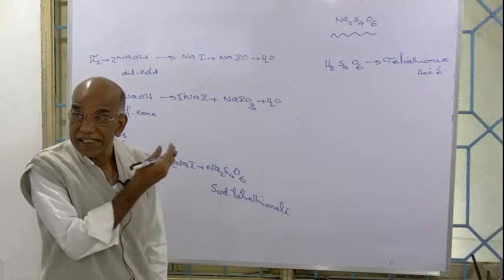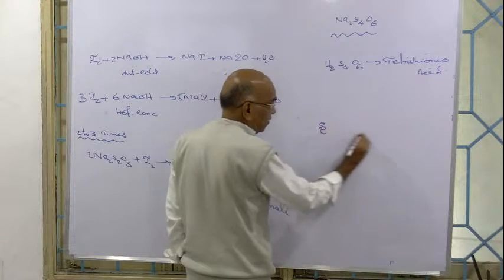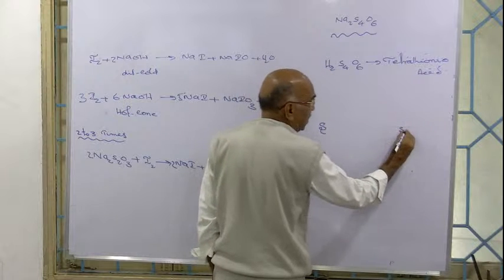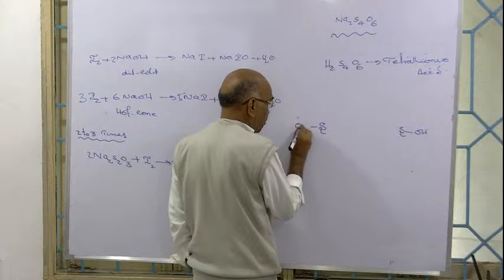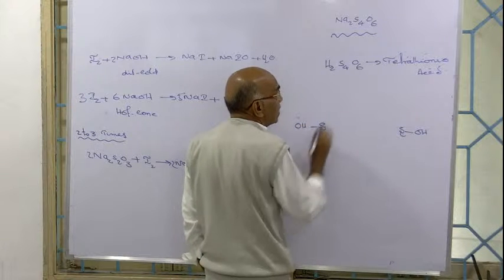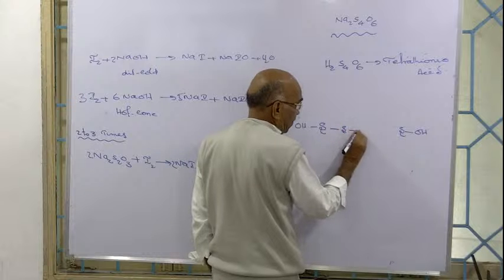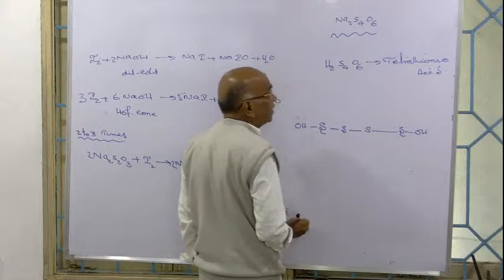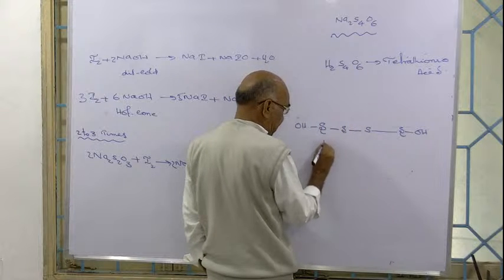Central atoms are sulfurs. Keep sulfurs at terminal places. That is a dibasic acid: one OH group, one OH group. Still we have 2 more sulfurs. Still we have 4 more oxygens.